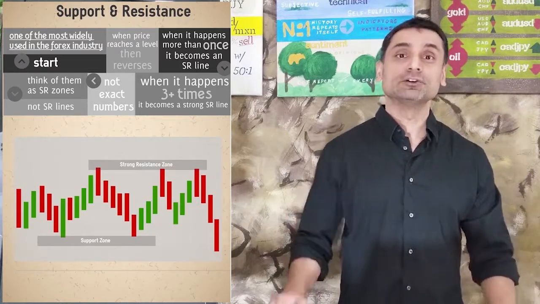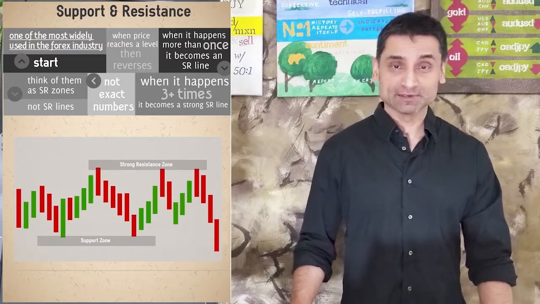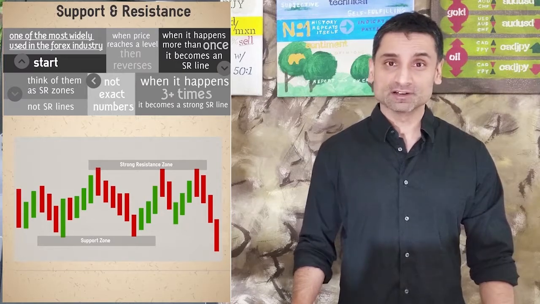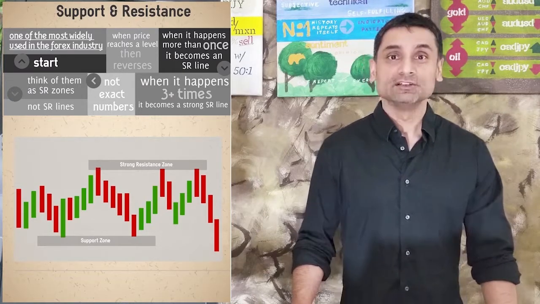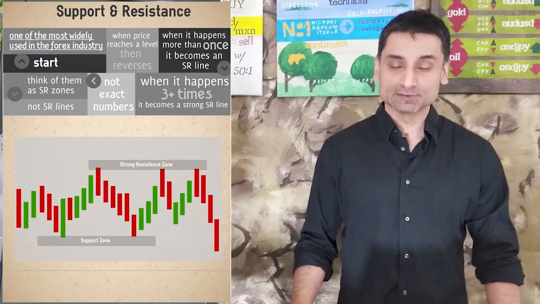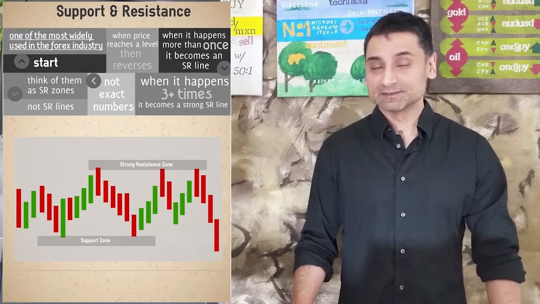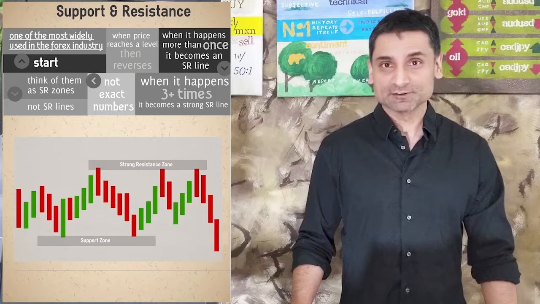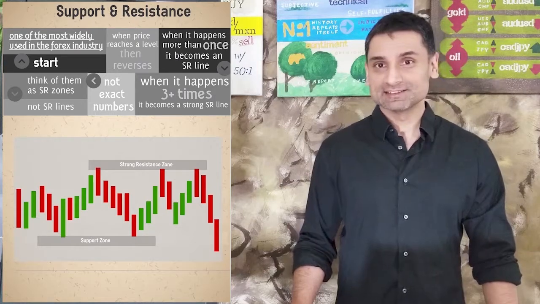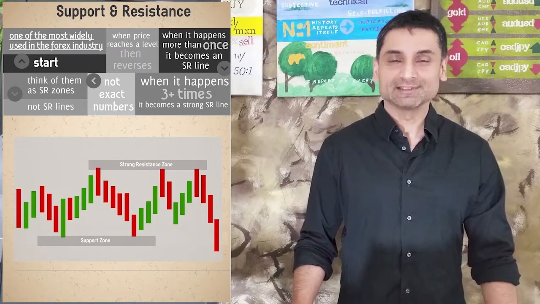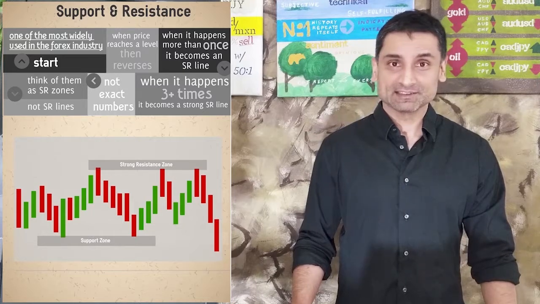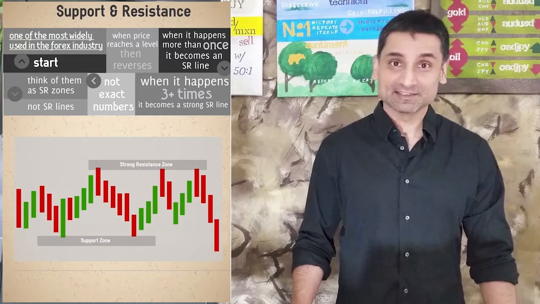Now, if it hits a zone 3 or more times, then that becomes a very strong support and resistance zone. You can consider whole numbers to be support and resistance zones also. Price doesn't have to touch that area. It's just understood that it's a psychological level. So price is going to react in some way at that area.